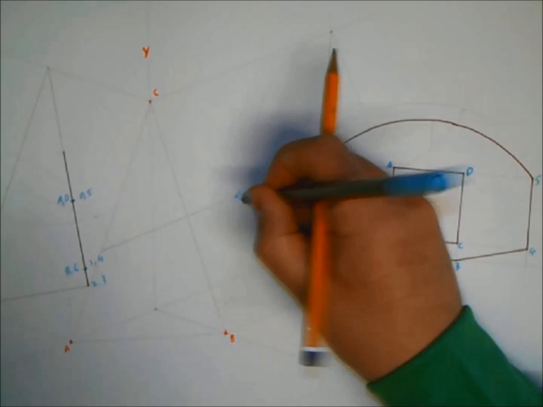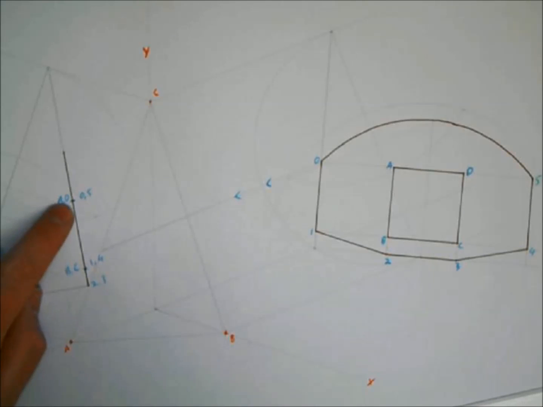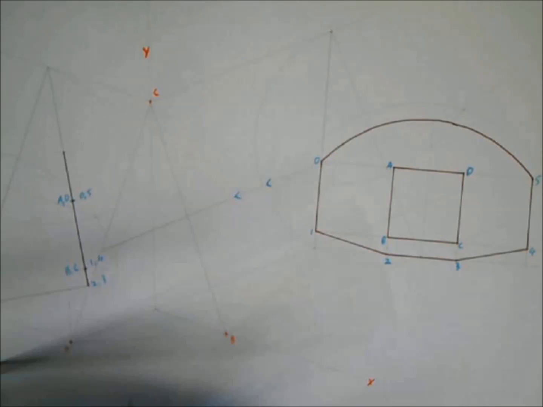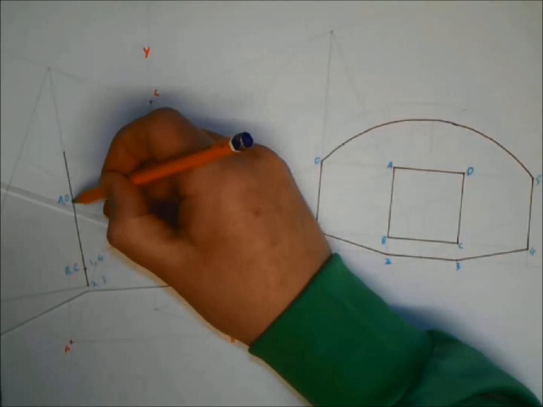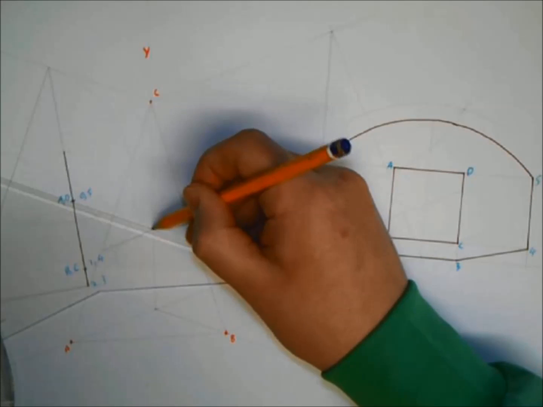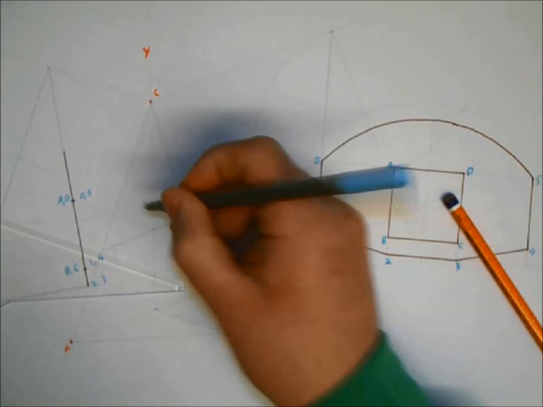Where is 0 in your end view? It is here, again projected down at the same angle. Wherever they meet will be point 0 in your 3D view. In this case it should be resting there on the y-axis, so this is point 0.